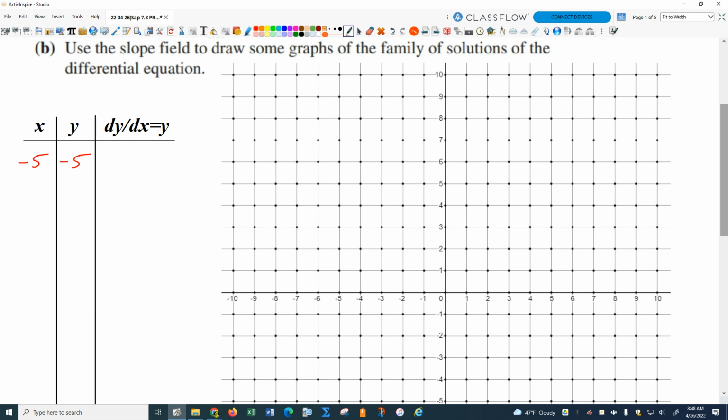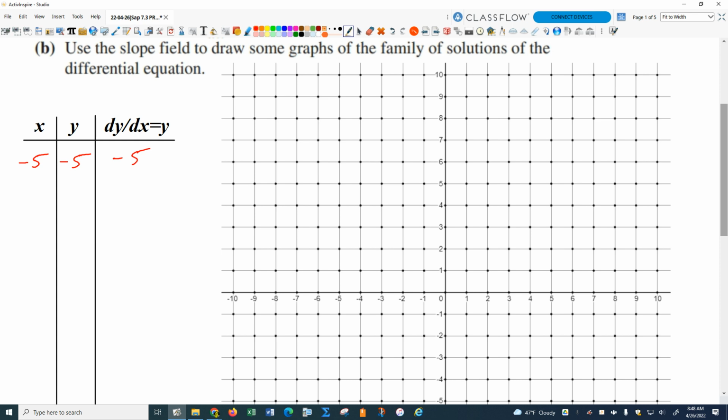So x is -5, y is -5. What's the value of the derivative then? dy dx equals y, so what's -5, right? I'm just going to plug, the dy dx is given by y, and if y is equal to -5, then dy dx is equal to -5.